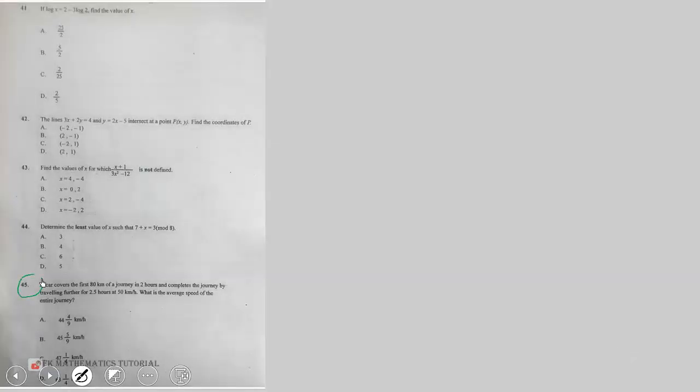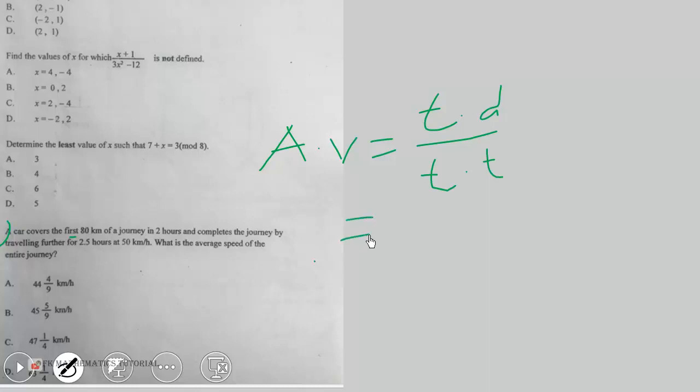So we have question 45. A car covers the first 80 kilometers of a journey in 2 hours and completes the journey by traveling further for 2.5 hours at 50 kilometers per hour. What is the average speed of the entire journey? The average speed will be equal to the total distance covered over total time taken. The first distance is 80 kilometers, and we add it to the second distance.